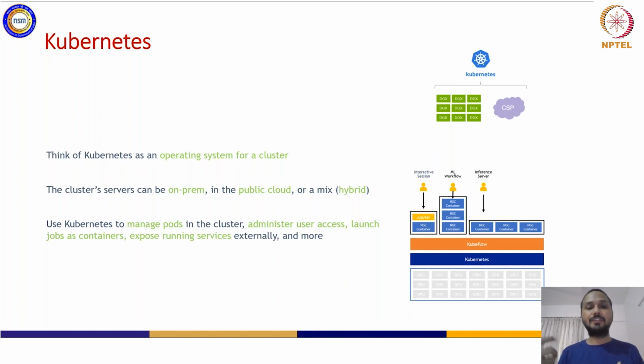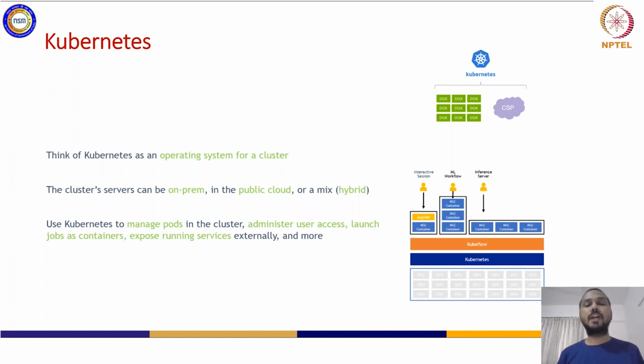But if you are exceeding the resources, it can burst to the cloud and run the same thing on the cloud also without you having to worry about it. So it can take these complex scenarios that we talked about some time back. It can help to manage all of these clusters, administer user access, launch containers, and expose all of this as services.